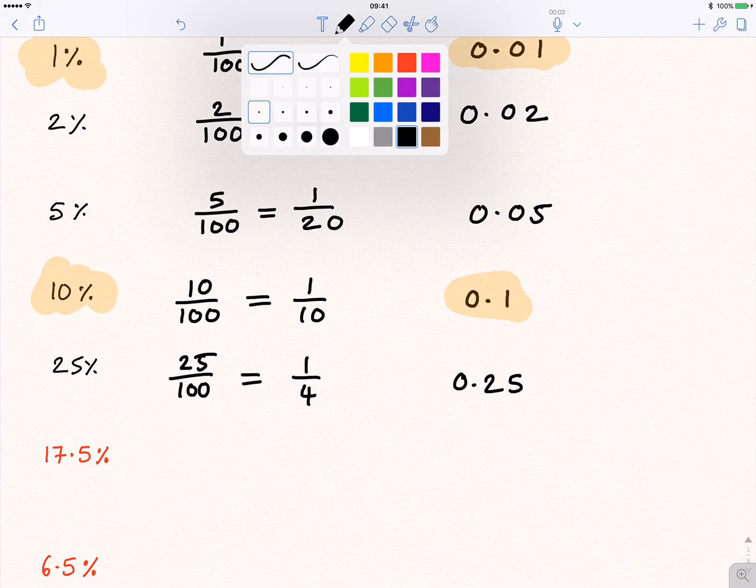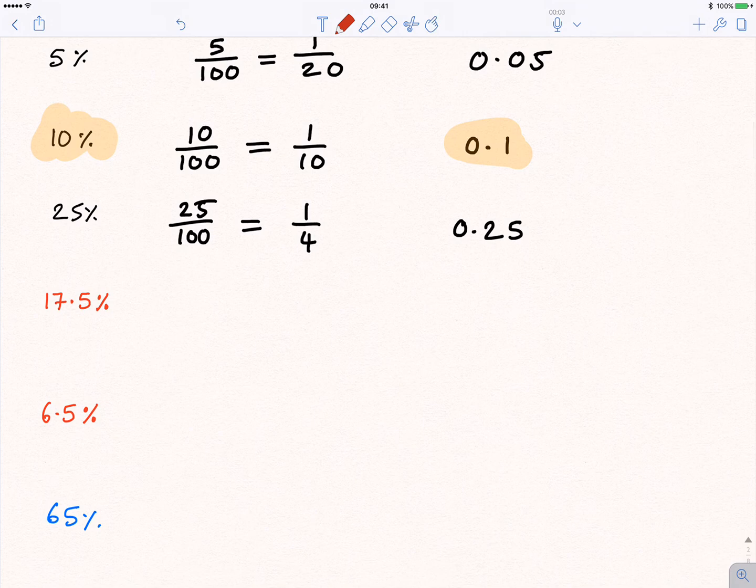Now, how do I write a decimal percentage as a fraction? Again, we can write the decimal over 100, so 17.5 over 100, and we can multiply the numerator and the denominator by 10 to get rid of the decimal, so that would be 175 over 1000, and then we can start simplifying it.